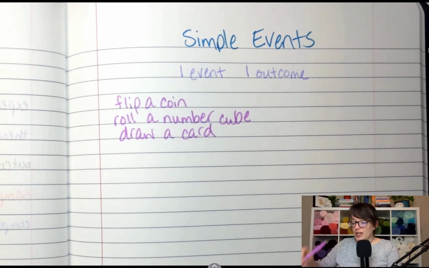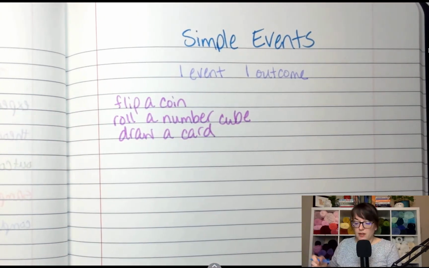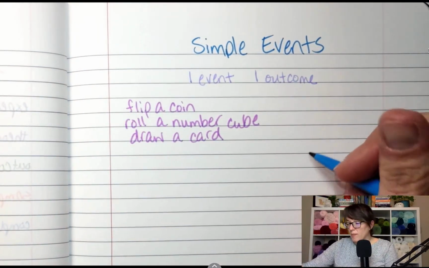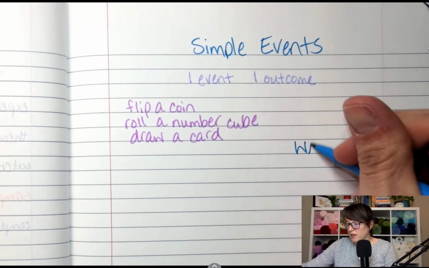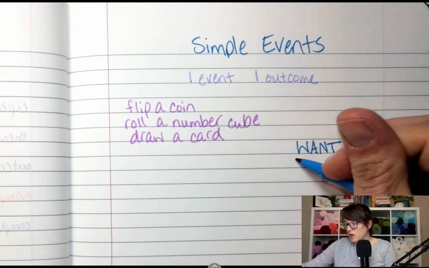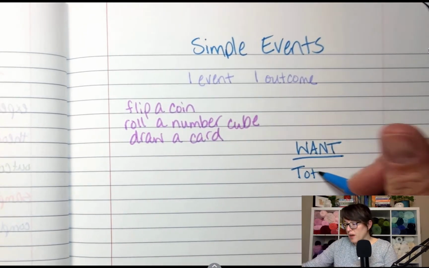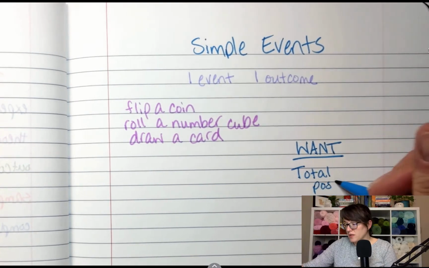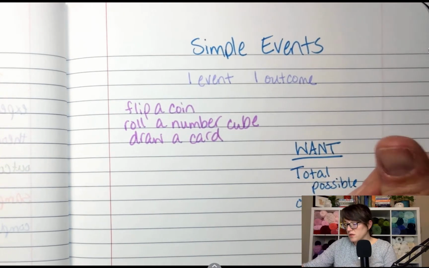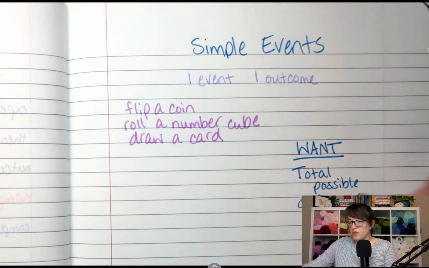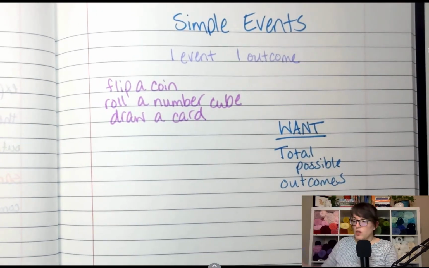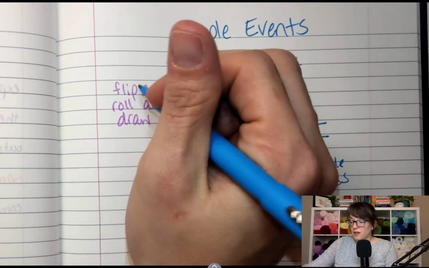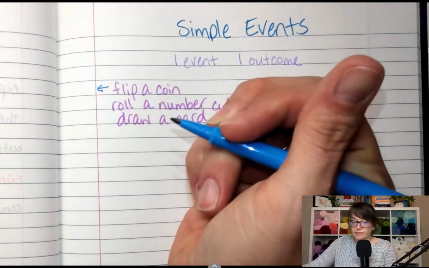So, just like when we talked about probability in the intro lesson, simple events are when we compare what we want to happen to total possible outcomes. So, like with a coin, how many sides of a coin are there?